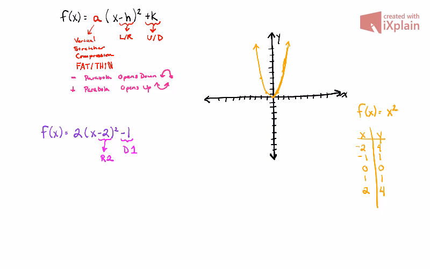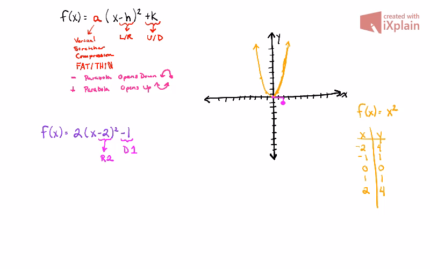Starting where the vertex is, I'm going to go to the right 2 and down 1. So here is where my new vertex is going to be located. Again, as a refresher, a vertex is where the parabola is going to bloom from, where it will start to open up.